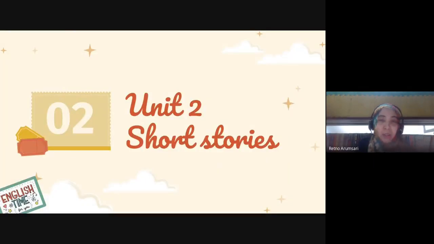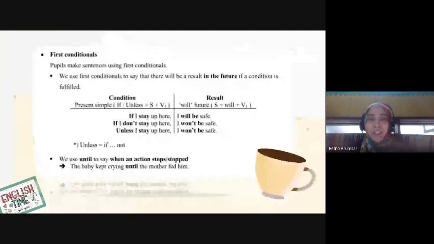Okay? Thank you, Rasha. Now let's go to Nata. Unit 2 is about the first conditionals, yeah? There is a condition clause and there is a result clause in the sentence, okay? But if you use unless, the condition and the result do not go along, okay? The result in the result clause is not the result of the condition if you use unless.